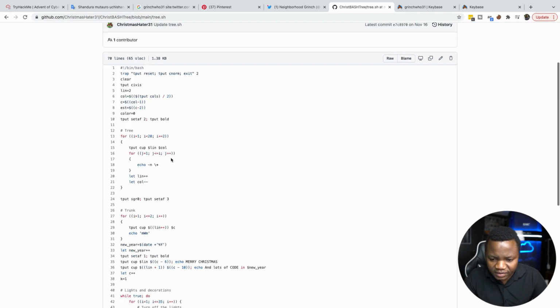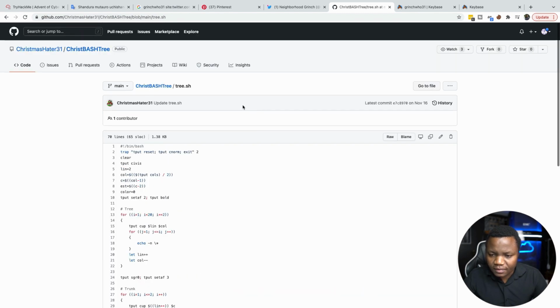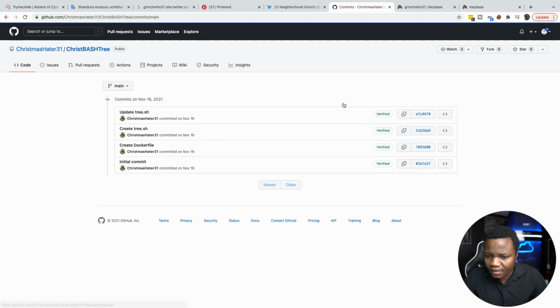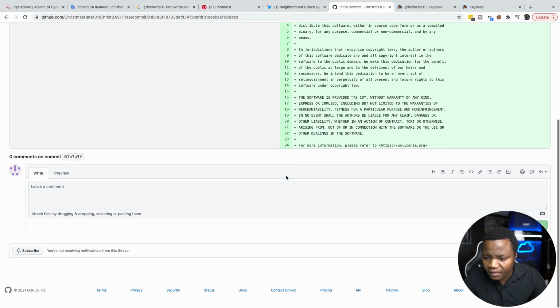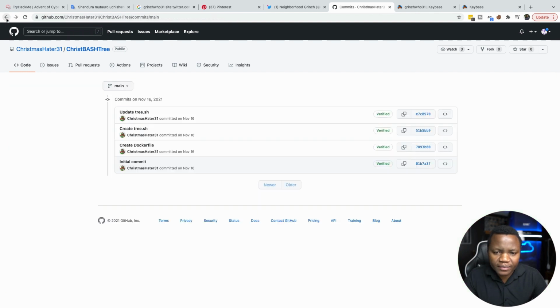There's a tree.sh. I don't see it. There are four commits. This is the first one.